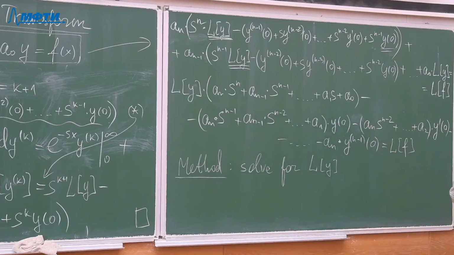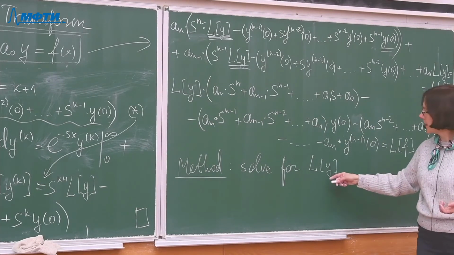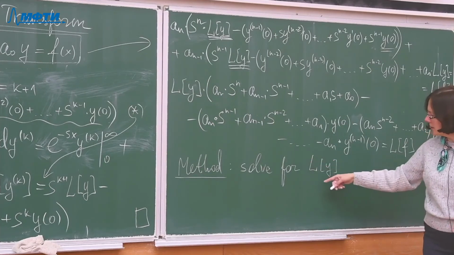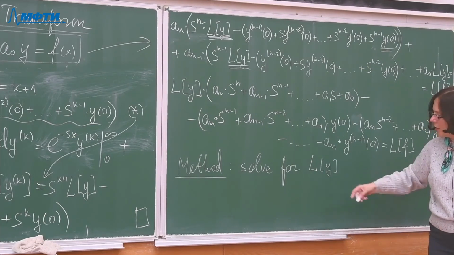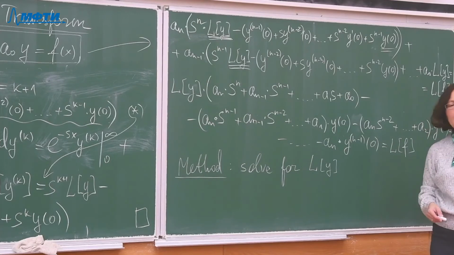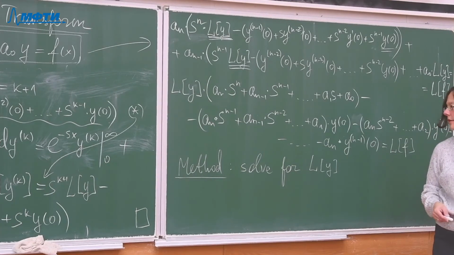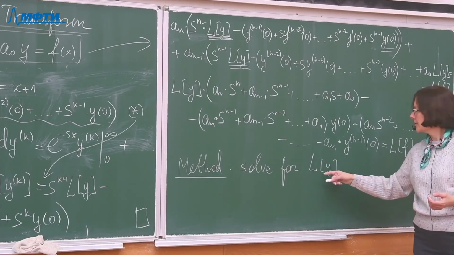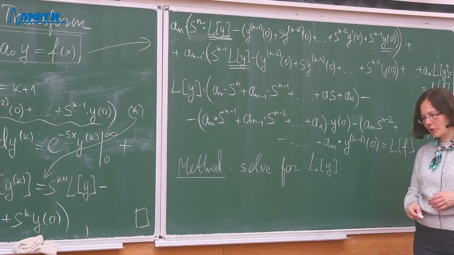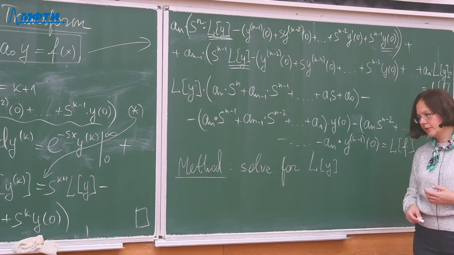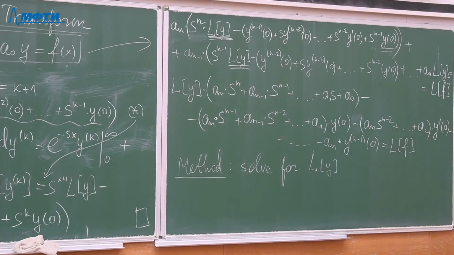And using the table for Laplace transforms, if we know the function L of y, we can recover the function y from this table. Well, and now our goal is to create the table of Laplace transforms.